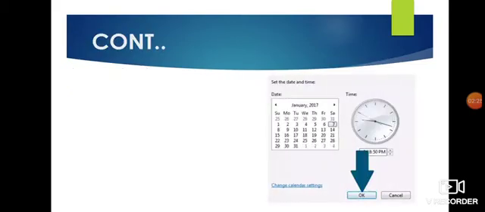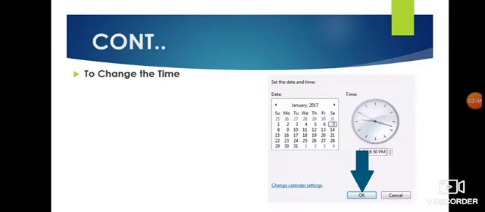This is how you can change the date. You go to the correct date, and you can go to the correct month by using the forward and backward buttons displayed in the picture. Through this you can select the correct date.